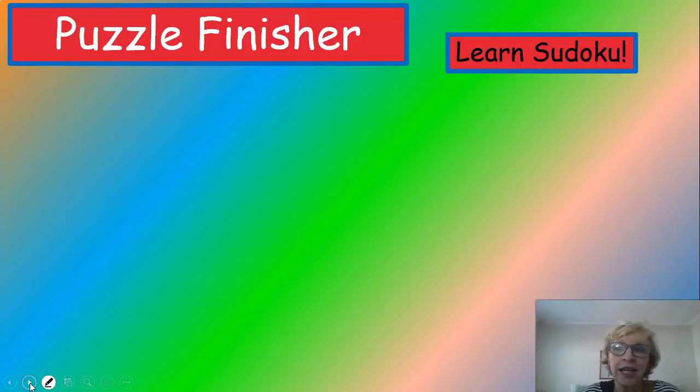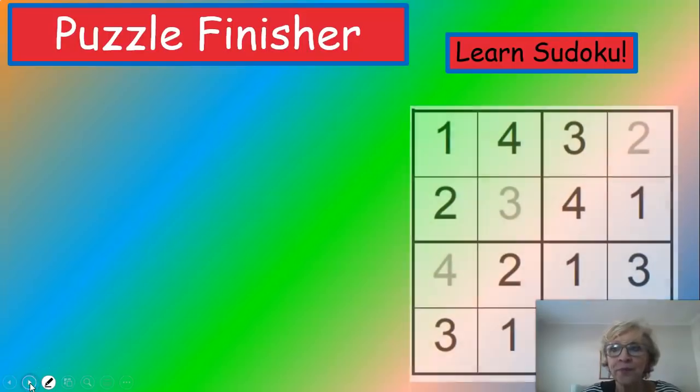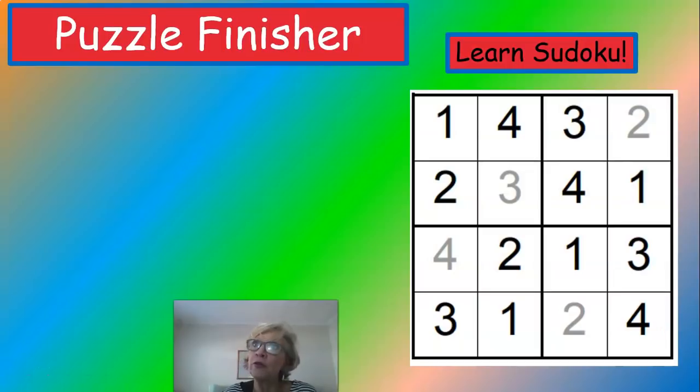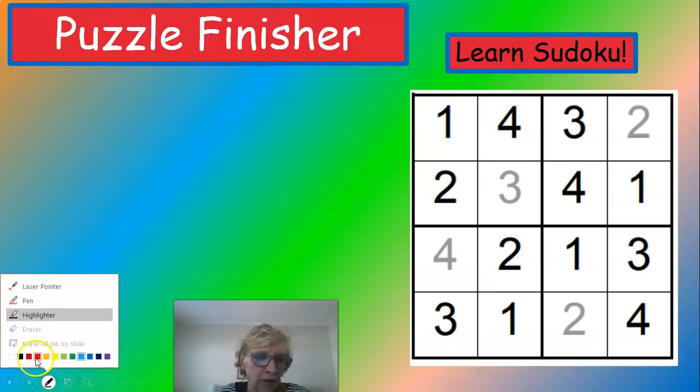Okay, so it is learning Sudoku, and we start with a smaller one. And this Sudoku here has only got 4 numbers per row, per column, and per square that you need to complete. So let me give you an idea of what we do here.